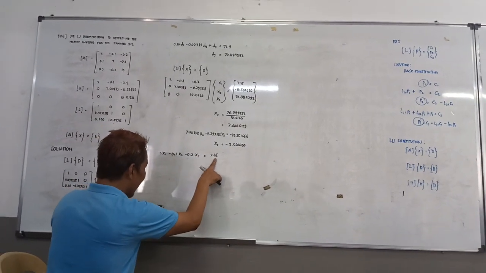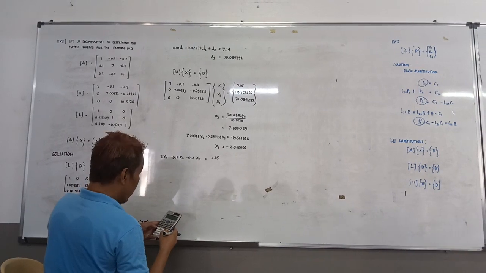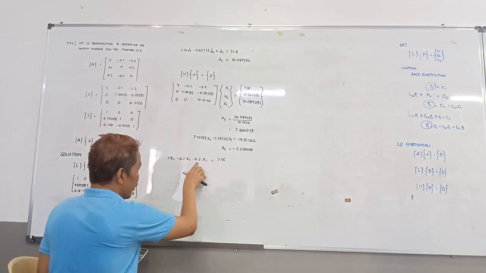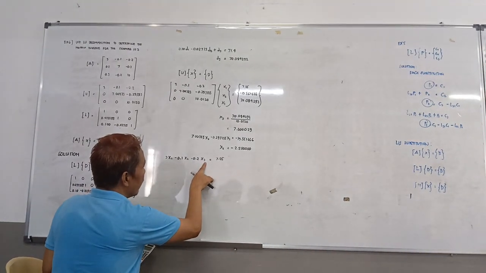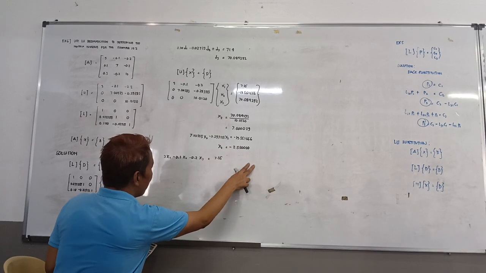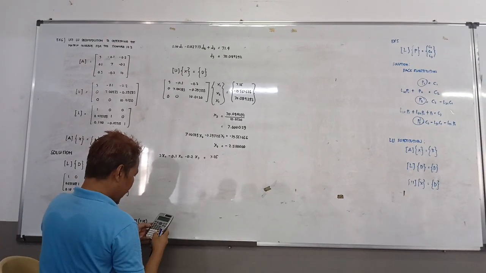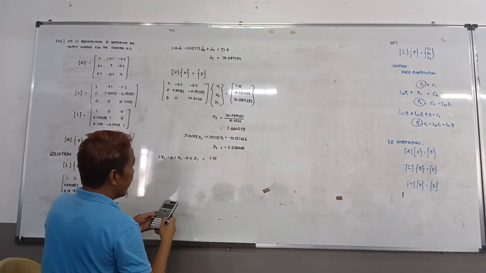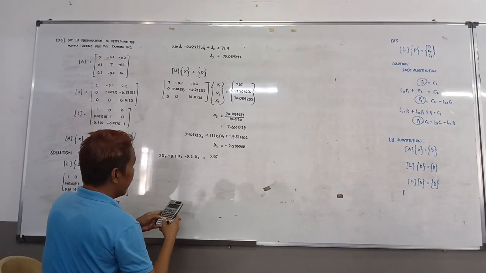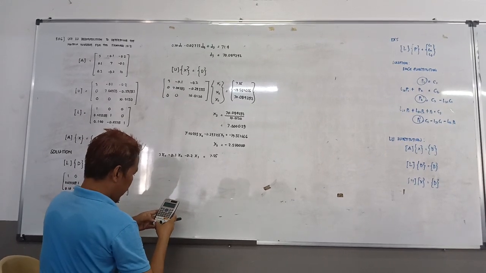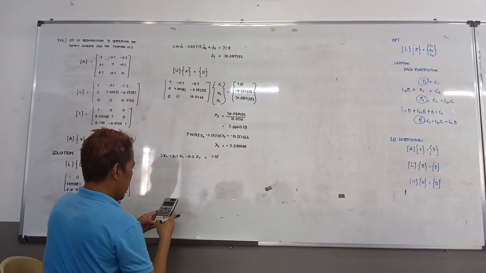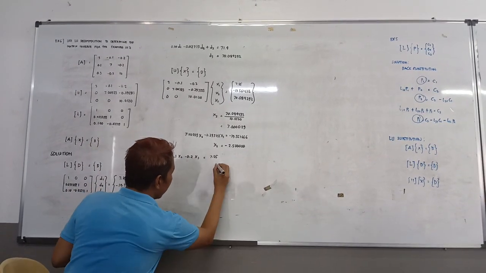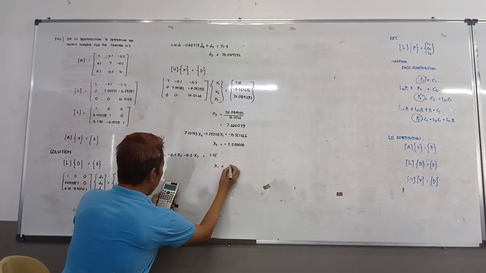Then algebraically add to 7.85, and the negative 0.2 times x3 becomes positive on the other side, positive 0.2 multiplied by 7, and the result is the value of x1, which is about 3.